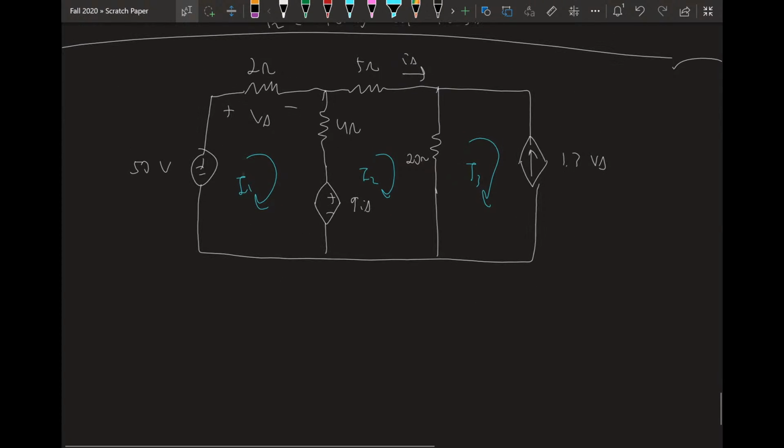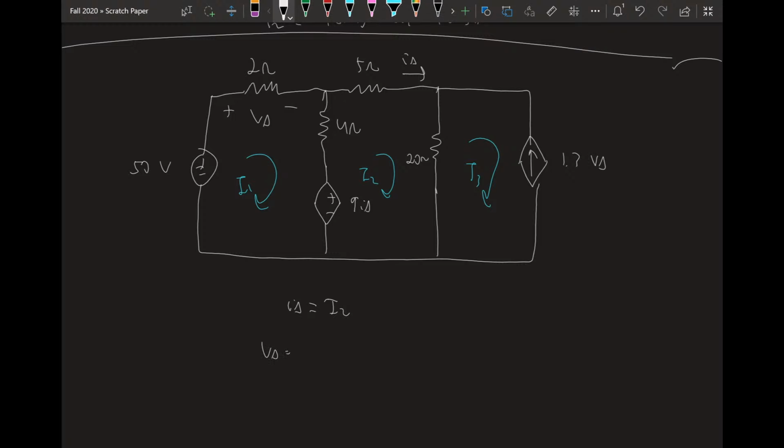So let's first put our dependent sources in terms of mesh currents, like I've been talking about. Let's start with I delta. I delta is up here. What's also up there? I2. So I delta equals I2. Easy enough. What about V delta? V delta is across this 2 ohm resistor.